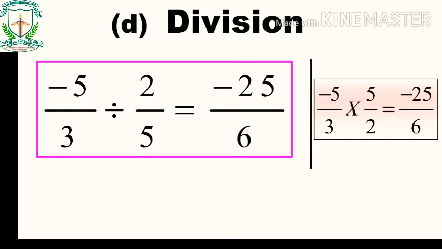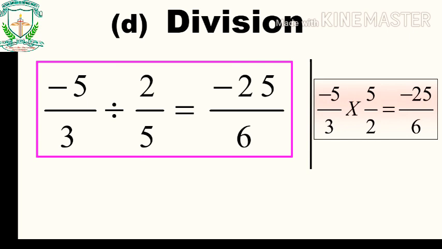If you operate the same thing with 0, that is any number, 5 divided by 0 or 3 divided by 0, anything divided by 0 is not defined and therefore it is not a rational number.